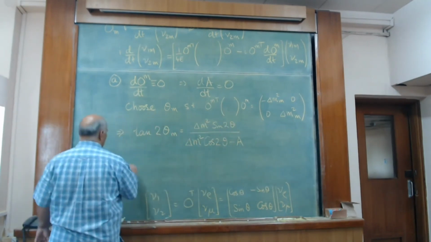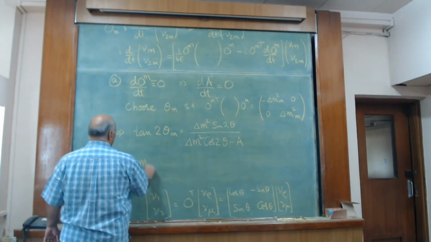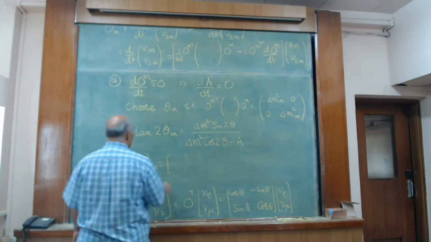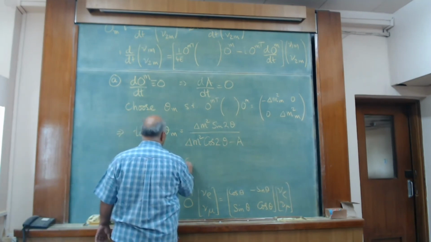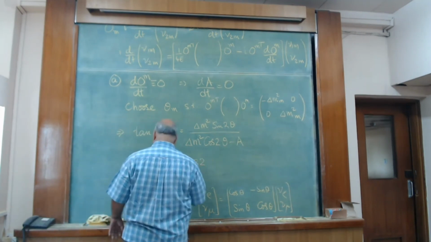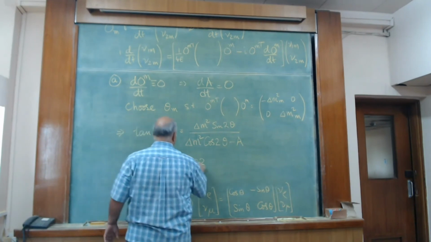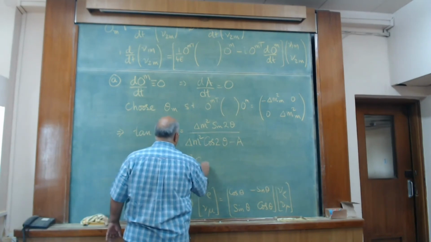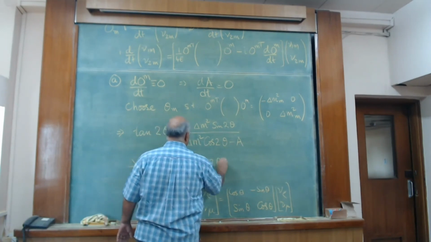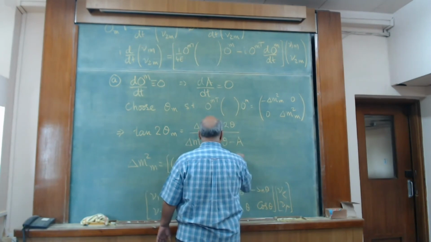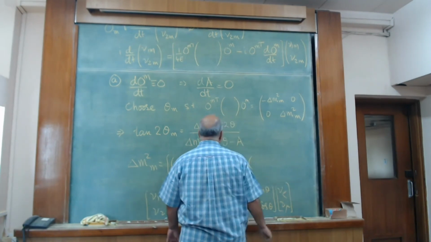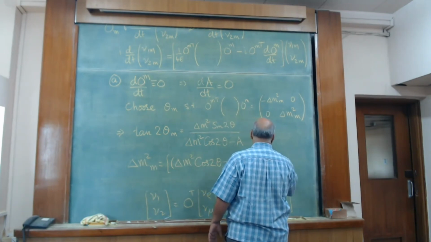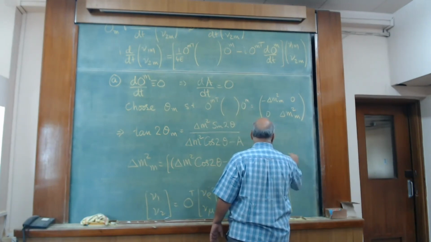And you will also get Δm²_m is equal to the square root of (Δm² cos 2θ − A) whole square plus (Δm² sin 2θ) whole square.